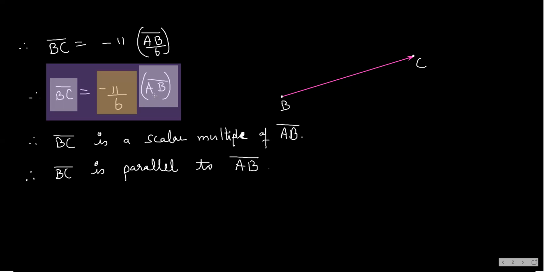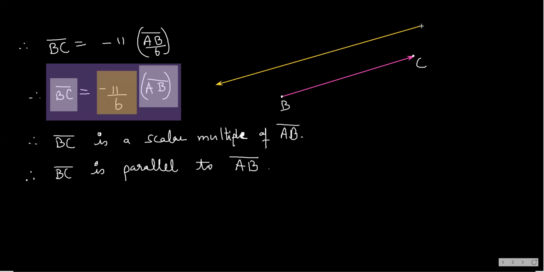And one more thing, I have to draw AB bar parallel to BC bar. Okay, so see here, if I have to draw AB bar parallel to BC bar, try to understand. I will have to go like this. See, a parallel vector to BC bar will always be this way. See, these two vectors are parallel.